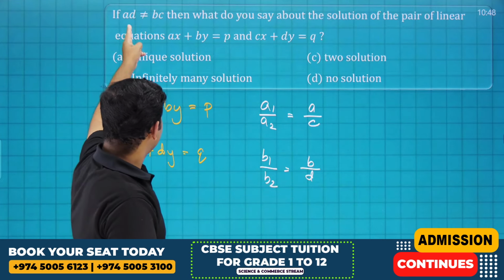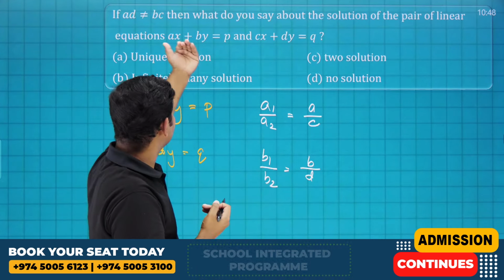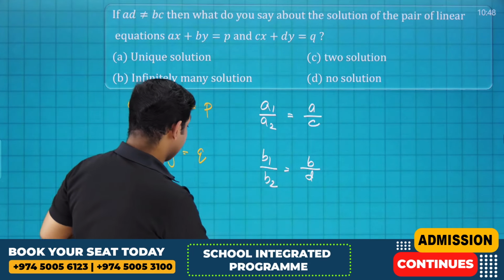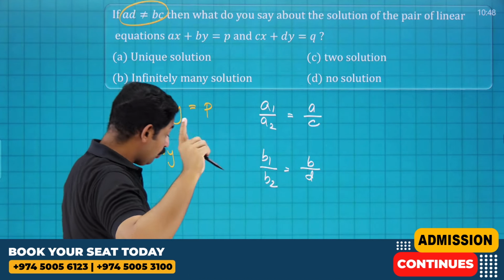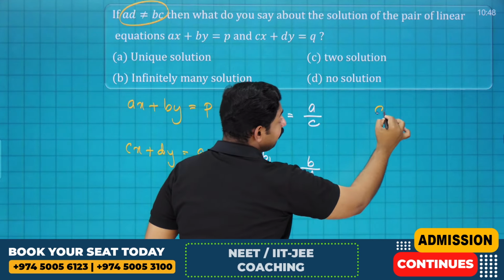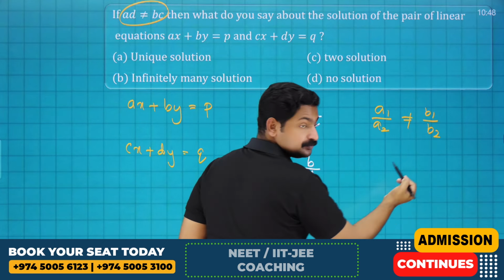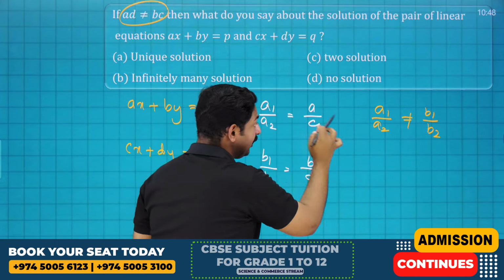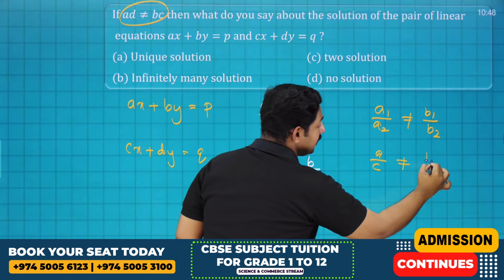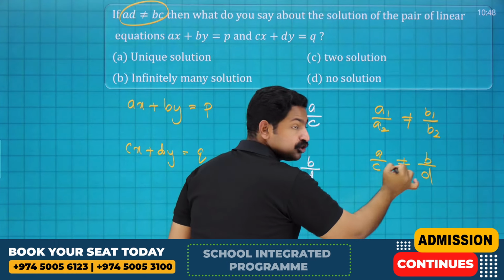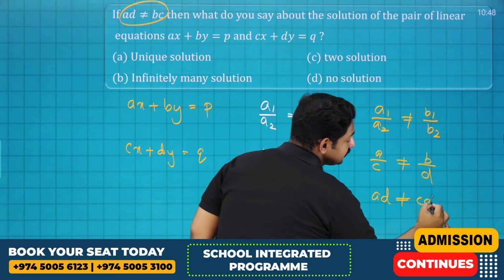It is given that AD is not equal to BC. So how will we get AD not equal to BC? We will get this relation only if we take A1 by A2 not equal to B1 by B2. Then A1 by A2 is A by C, not equal to B1 by B2, which is B by D. If you cross multiply, you will be getting AD not equal to BC.